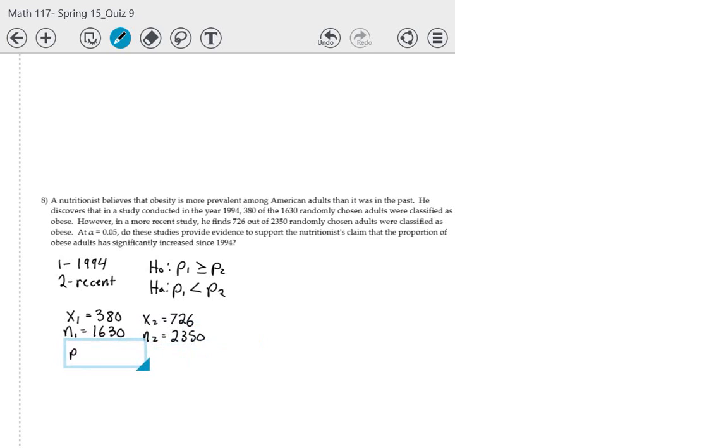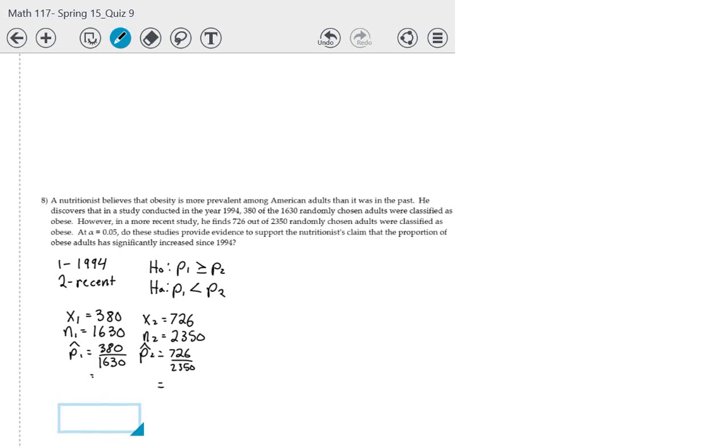Okay, so now we need the proportion of adults who are obese in 1994. So to get that, you just divide these two numbers, right? So there are 380 obese adults in 1994 out of the 1630 that are sampled, and in more recent years it's 726 out of 2350. Okay, so we can use Excel to calculate these numbers. Right now I'm just going to leave it, and then I'll go find those numbers in a minute.